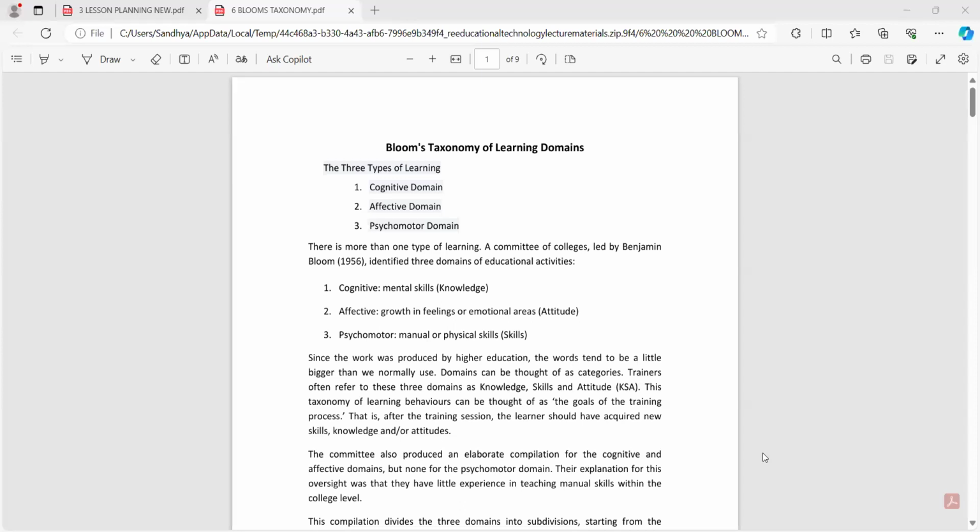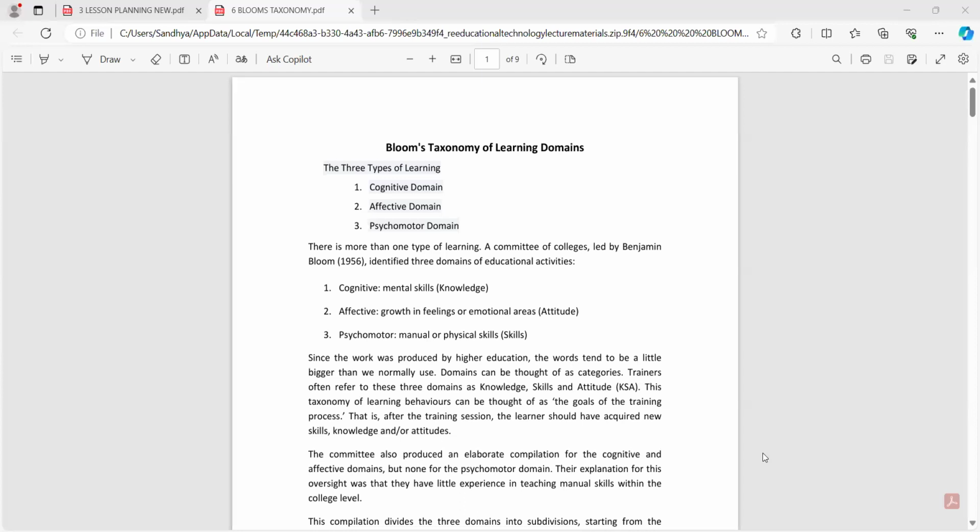Bloom's taxonomy of learning domains. According to Benjamin Bloom, anything that you teach, through your teaching you get the students to learn things related to how many domains? 3 domains or 3 areas.